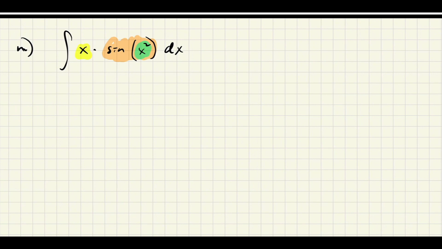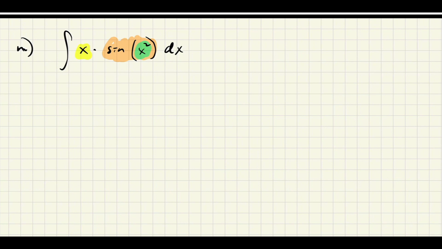The orange, which is all of it, x sine of x squared, or just x squared. Go back to the very beginning of the lesson. We always said look for the most inside part, the innermost part.